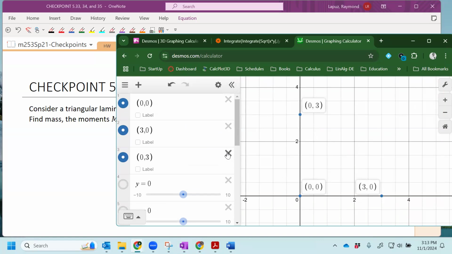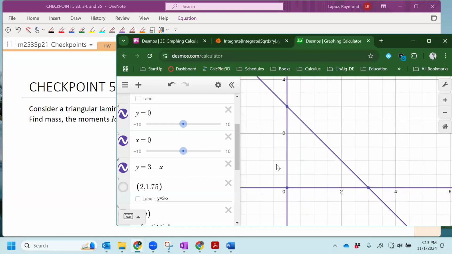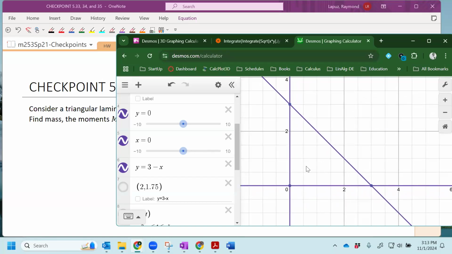We can take a look at that region as being bounded by the x-axis, the y-axis, and a line passing through these 2 points, (0, 3) and (3, 0). If we find the line through whatever means necessary, we will get the line y equals 3 minus x. And then this is the region we want to describe.